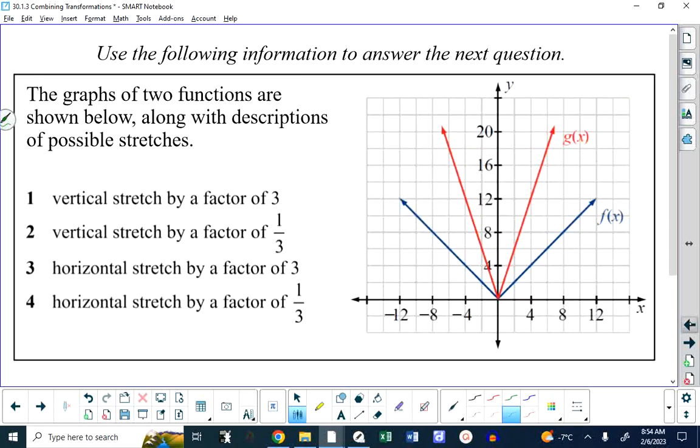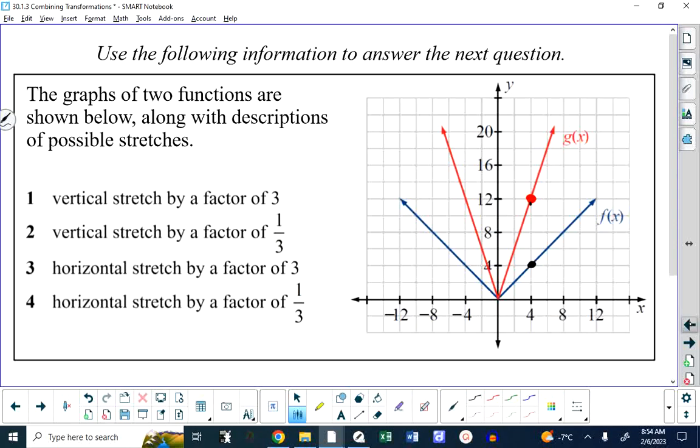Well, if I look at these graphs vertically, g of x is taller than f of x. And if I want to stretch g of x vertically, I'm going to have to take g of x and crush it down. And what I can do is take some point, let's just take this point on the original function, which happens to be 12 away from the x-axis, and compare it to this corresponding point.